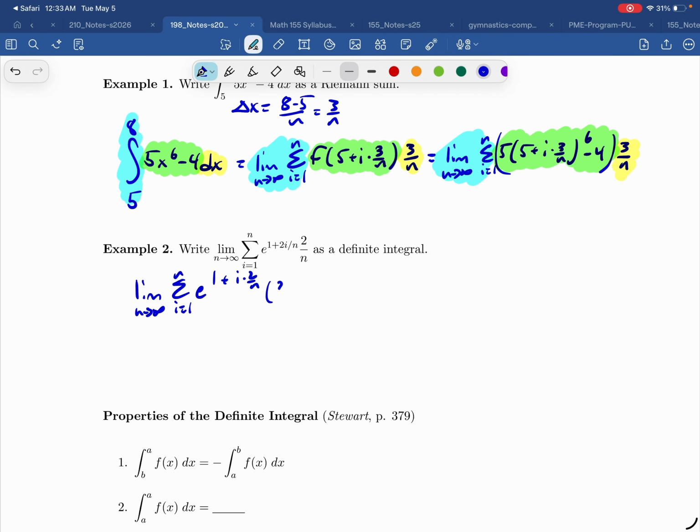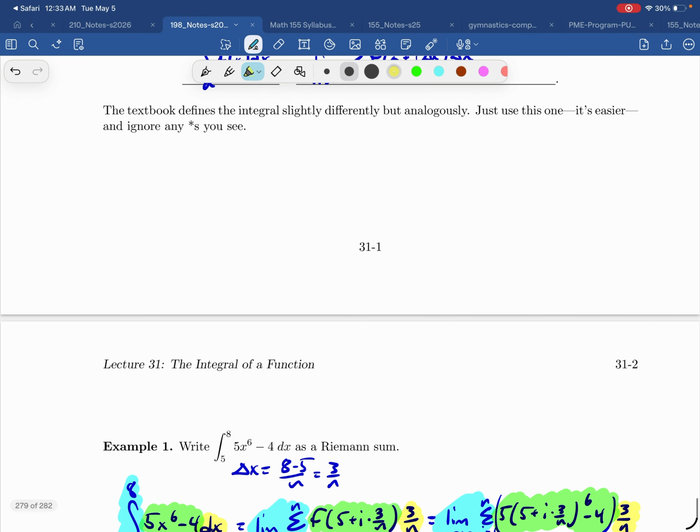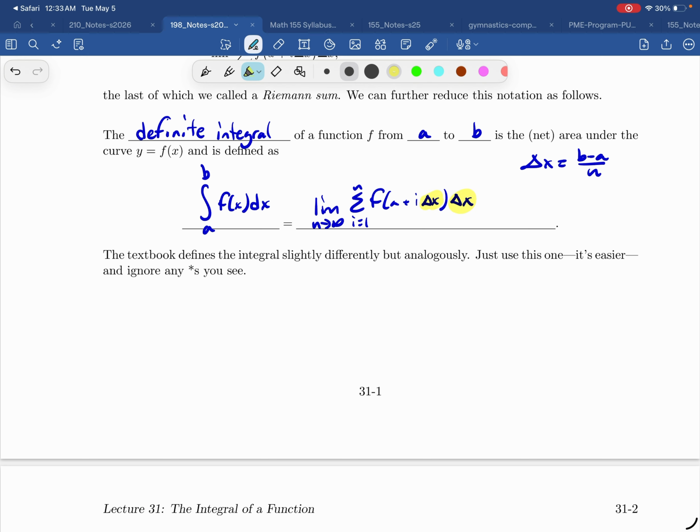So if you stop and think about it for one second, what is delta x? I'll write this in red over here. Delta x equals 2 over n, right? We see it here and here, just like in the definition of the integral.